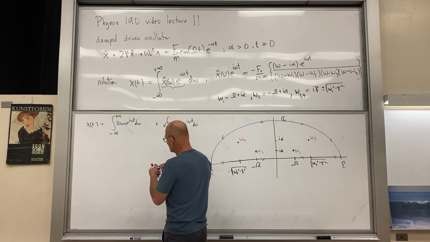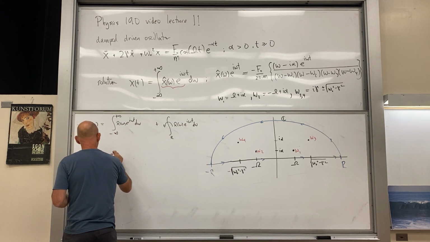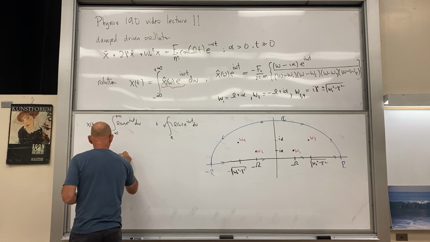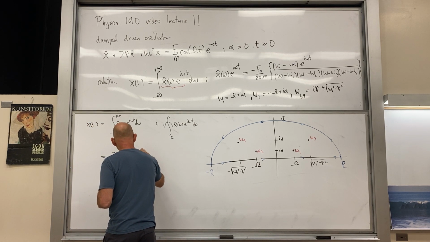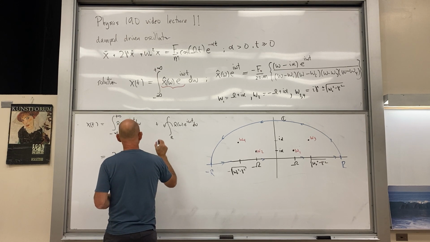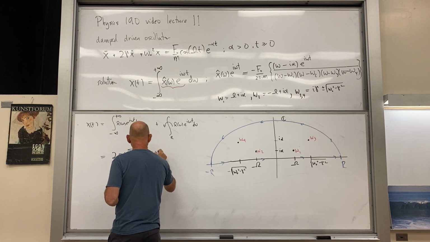And the total integral, on the other hand, is going to be equal to 2 pi I times the sum of the residues of x hat of omega e to the I omega t.